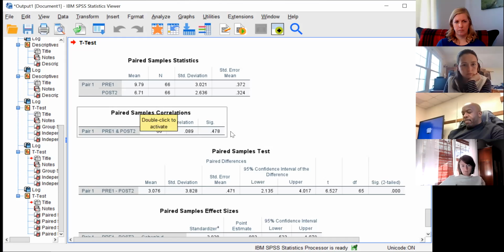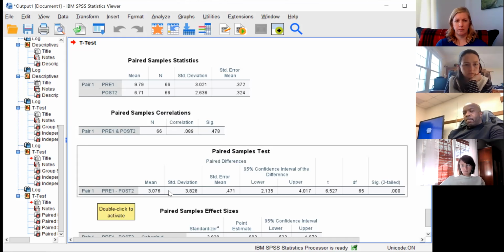Is that significant? Well, one, we know these two things are correlated, but not significantly correlated. The mean values from pre to post, this is what's called mean differences.